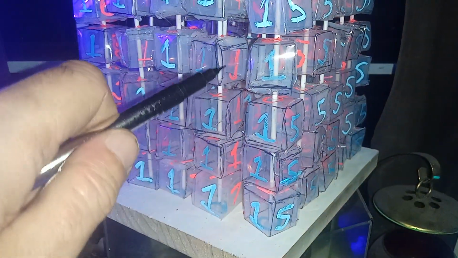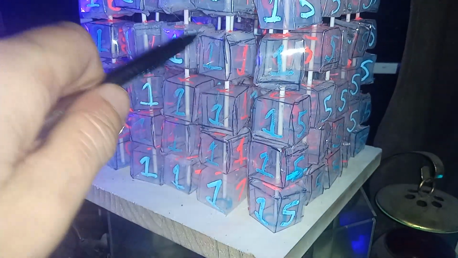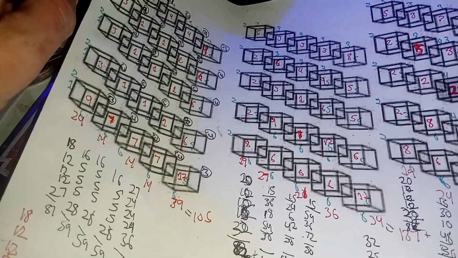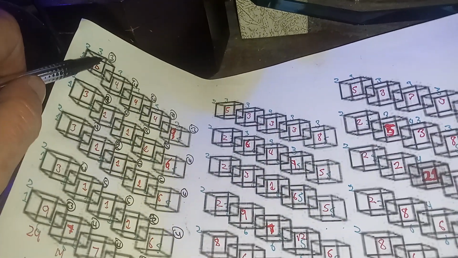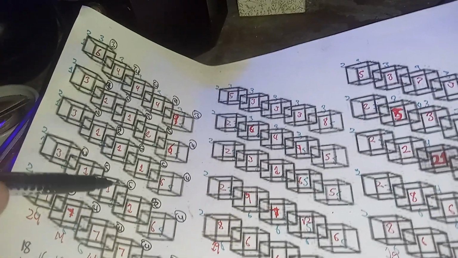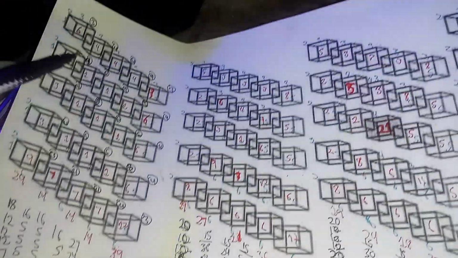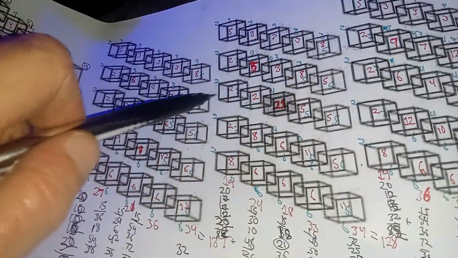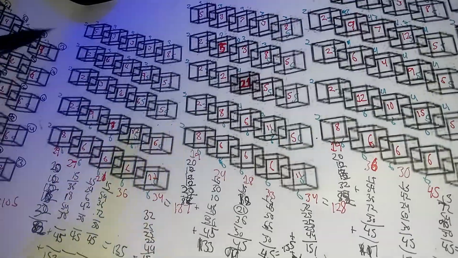It tells you how many hidden faces there are by adding up these numbers, not just once, but 3 times for the corners, 4 times for the edges, 5 times for the faces. And these red numbers by themselves tell you how many faces there are when you add them all up together.